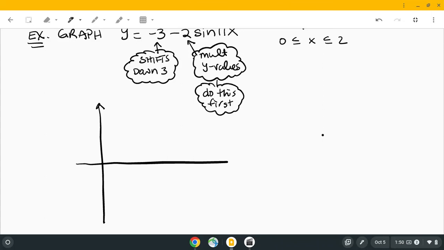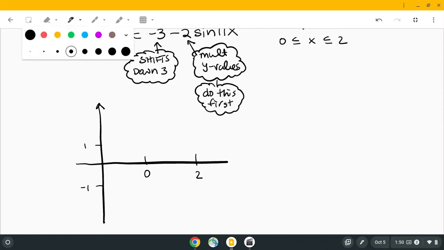Okay, so 0 to 2. Okay. And the original graph goes from -1 to 1. Okay, but that's all going to change once we start doing all of these things. Okay, but let's get the original sine graph on here so that we can do each thing one step at a time.